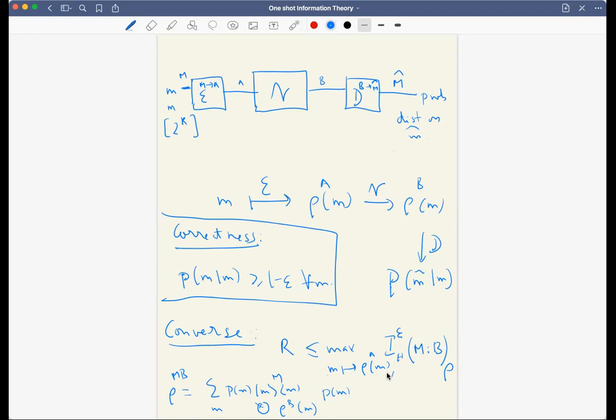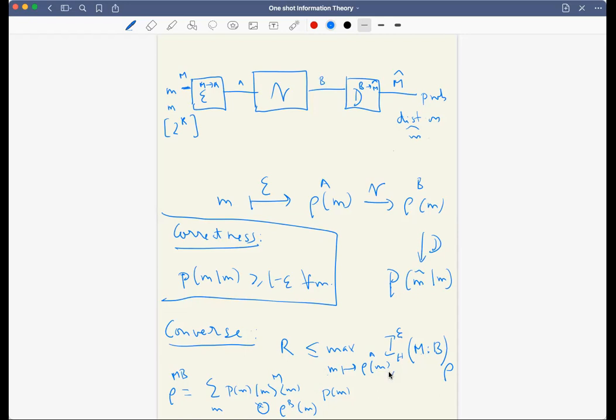Usually we say messages to alphabet and then alphabet to quantum state. You can do that, but here the alphabet and the messages are the same. Okay, I see. Yes, you can take that viewpoint also. Sure.